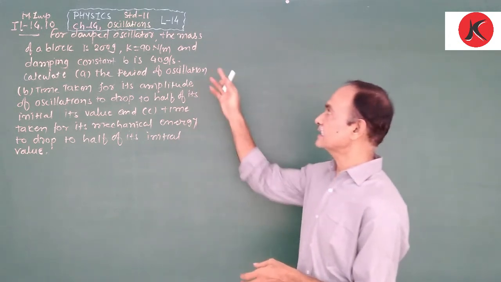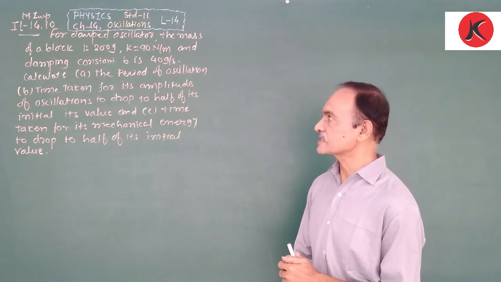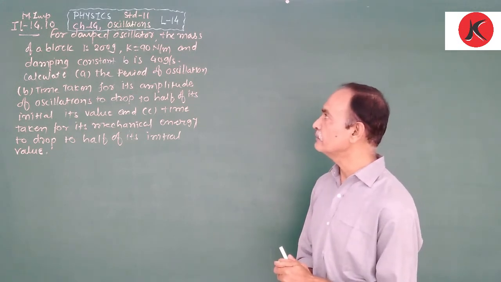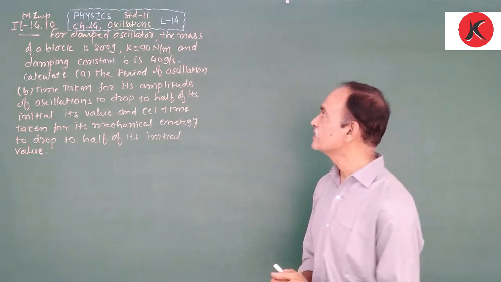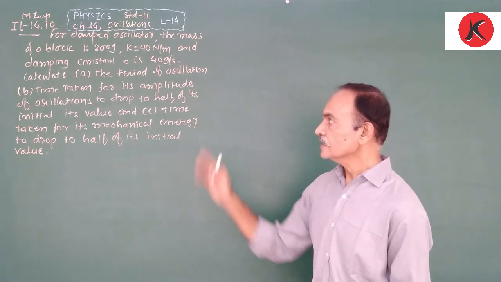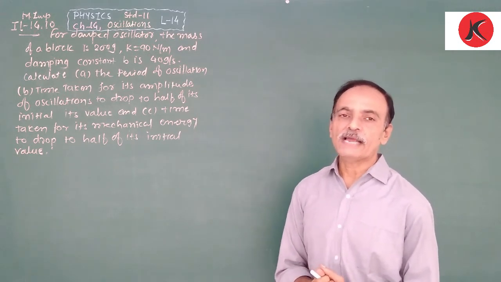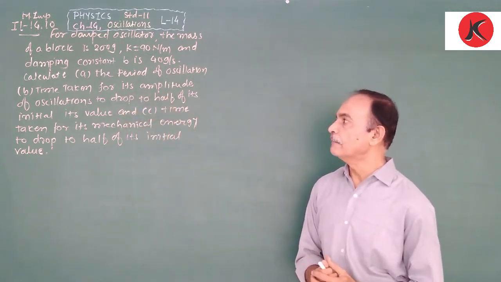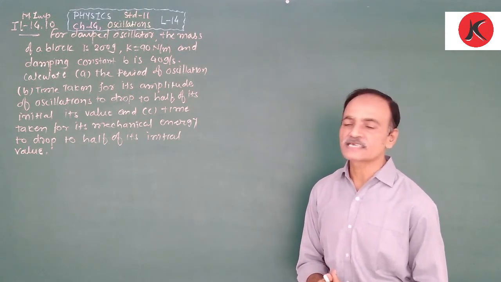For a damped oscillator, the mass of a block is given as 200 gram, the force constant is given as 90 Newton per meter, and the damping constant b is given as 40 gram per second. So calculate the time period of oscillation. What is the periodic time of damped oscillation? Second, the time taken for its amplitude of oscillation to drop to half of its initial value.